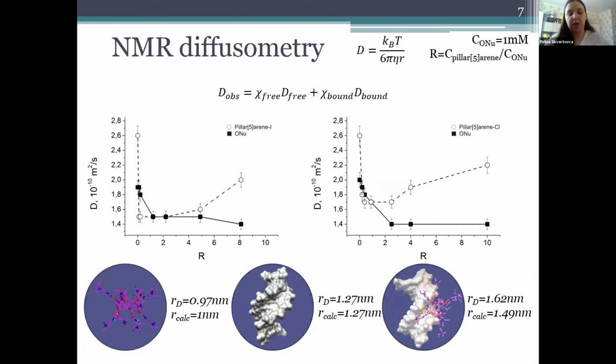The slide shows dependence of the DNA (black squares) and pyrrolurine (open circles) self-diffusion coefficients on the molar ratio of pyrrolurine to DNA. Data on the left are for pyrrolurine iodide and on the right for pyrrolurine chloride.